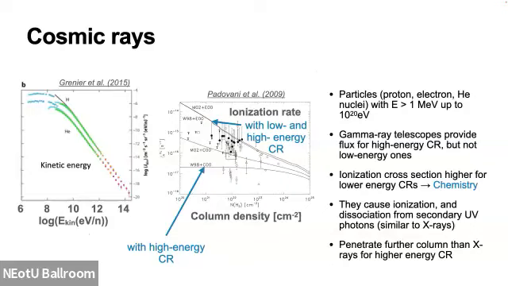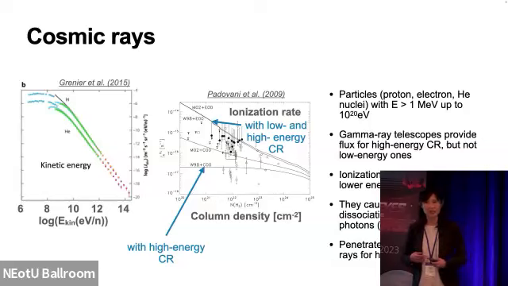Around supernovae, you also have high energy cosmic rays. Gamma ray telescopes are better at probing high energy cosmic rays, but not so much lower energy cosmic rays. But for lower energy cosmic rays, you have a higher ionization cross-section. That matters because ionization is what changes chemistry.